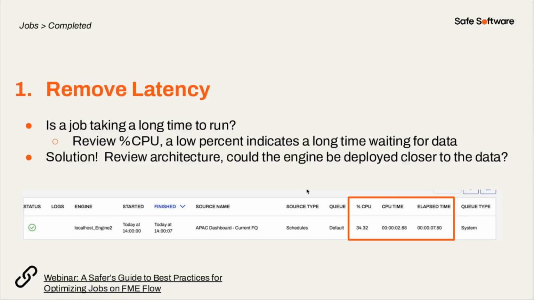Let's say this job is reading data from a big geodatabase file that's sitting on a different server somewhere. Maybe that server isn't in the same region as where our FME Flow is deployed. These are things we want to look at and think about if we're seeing bad latency when it comes to running our jobs.